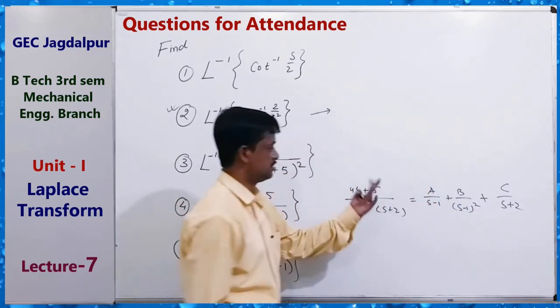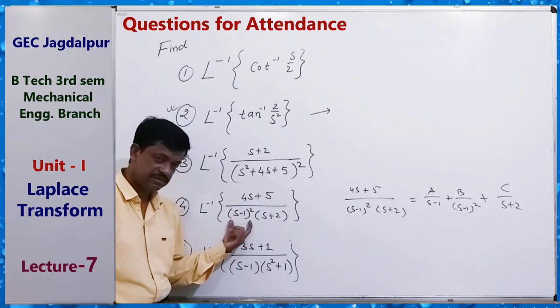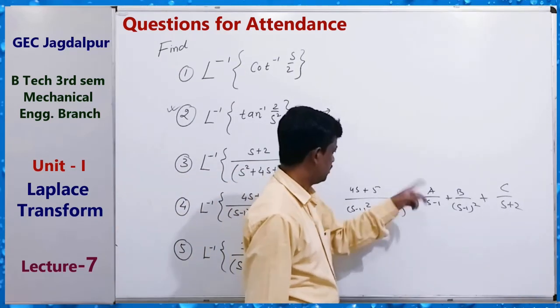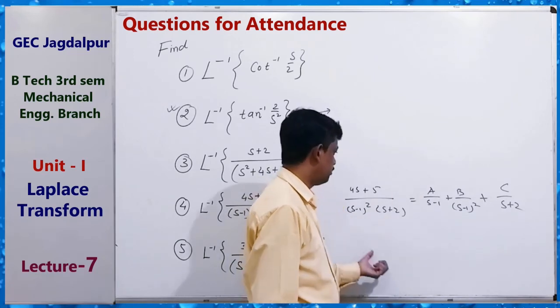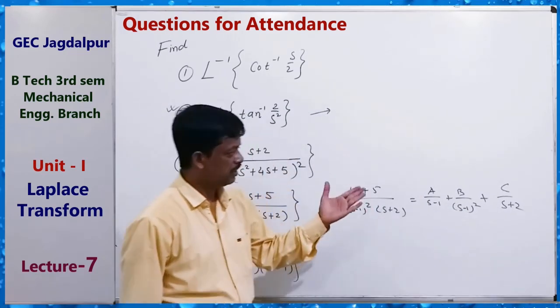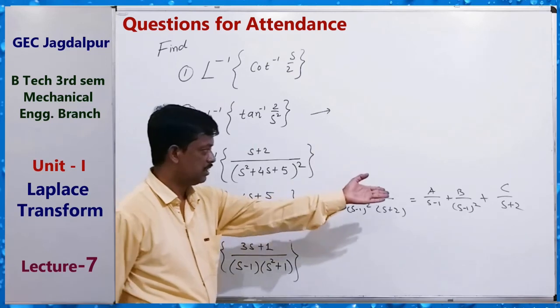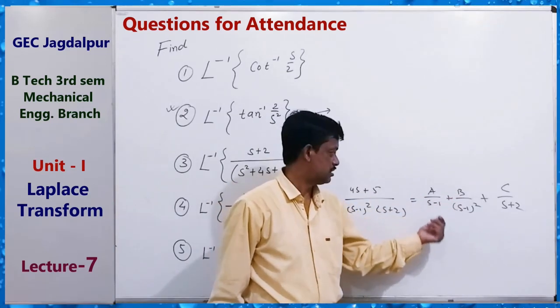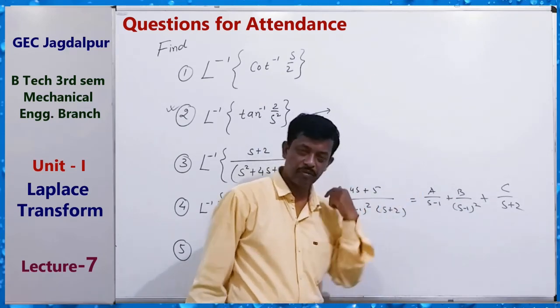You have to let it be like this. Clear? Now multiply both sides by this, and by comparing or putting values, you can find the values of a, b, c, and then put them here, and then the inverse Laplace transform of this can be found using our standard formula.